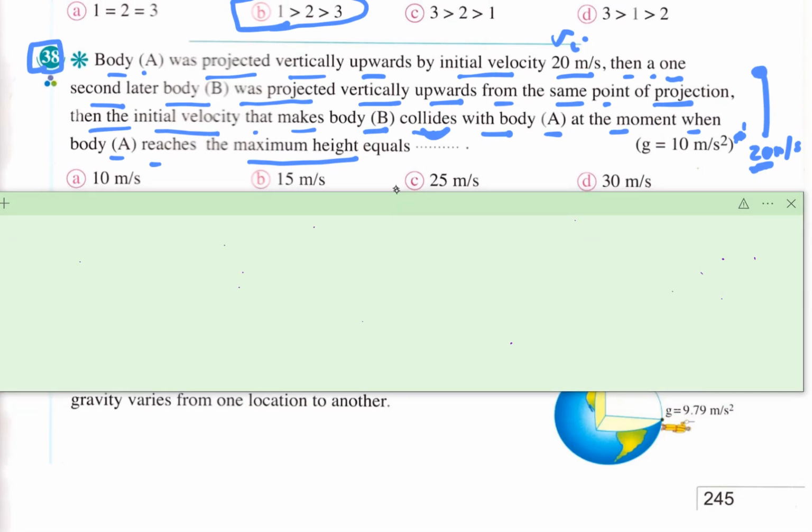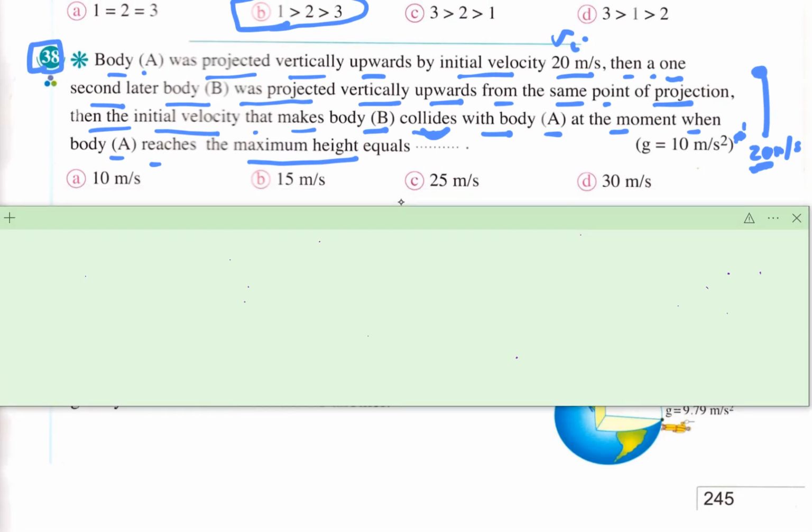Okay? What do you have? You have VA initial equals 20 meters per second. So we can get the distance or the height because we don't know the height.